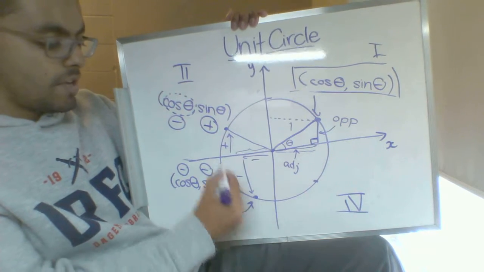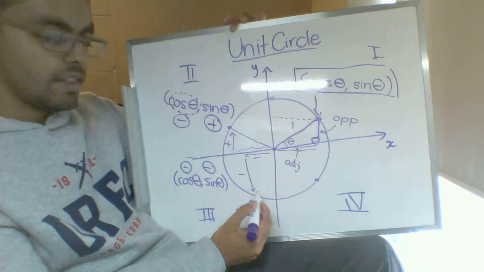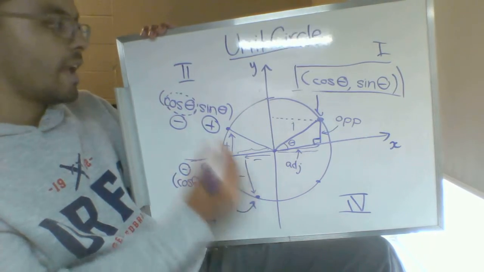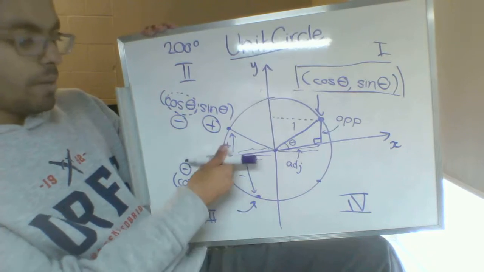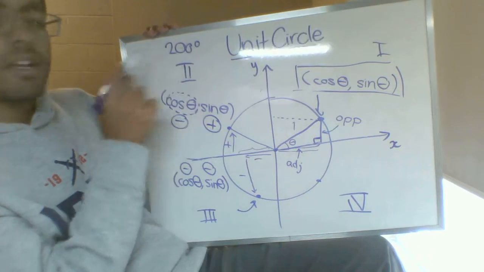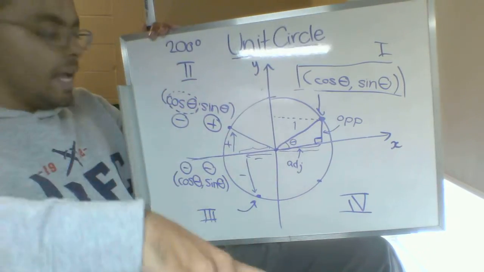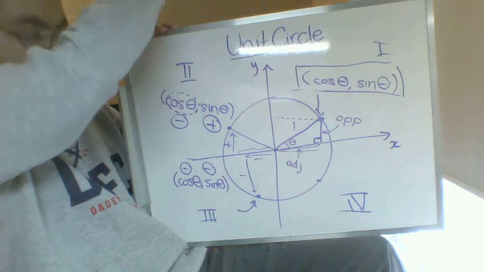So if you're anywhere down here, your cosine theta value and your sine theta value will be negative. So if your angle was something like 200 degrees, well, that's between 180 and 270, so you know that cosine of 200 will be negative, and sine of 200 will be negative.